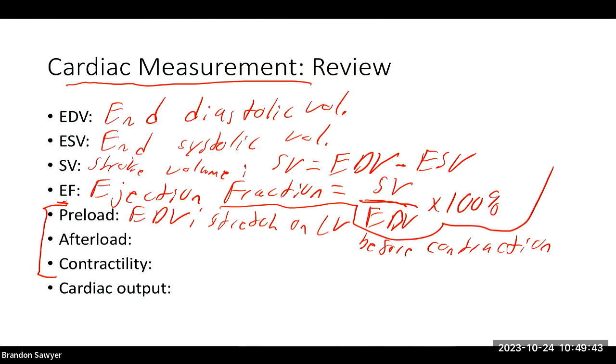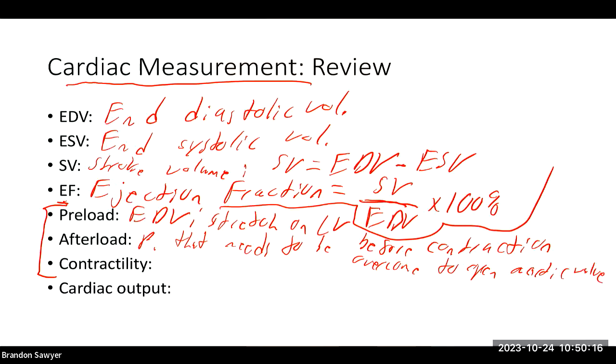What about afterload? Who wants to take a stab at that one? Afterload, anybody? Okay, so afterload would be the pressure that needs to be overcome to open the aortic valve.